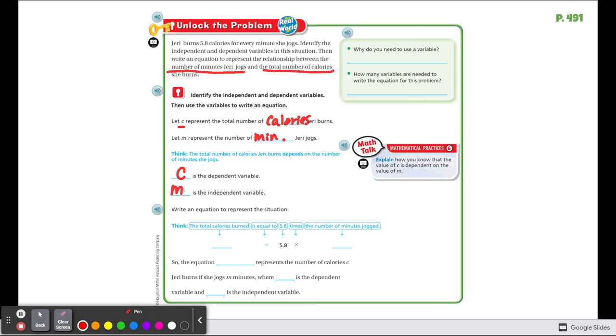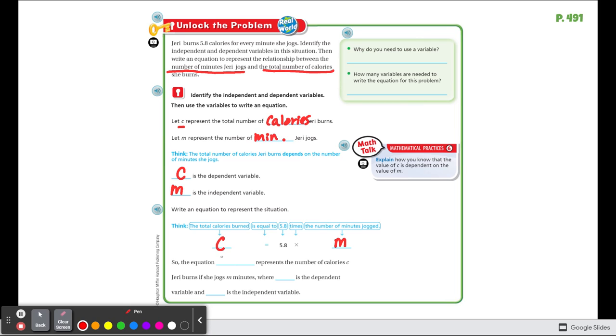So our equation would be the number of calories that she burns equals 5.8 times M. Because if we want to figure out how many calories she burns, we're going to multiply how many calories she burns per minute times how many minutes she jogs.